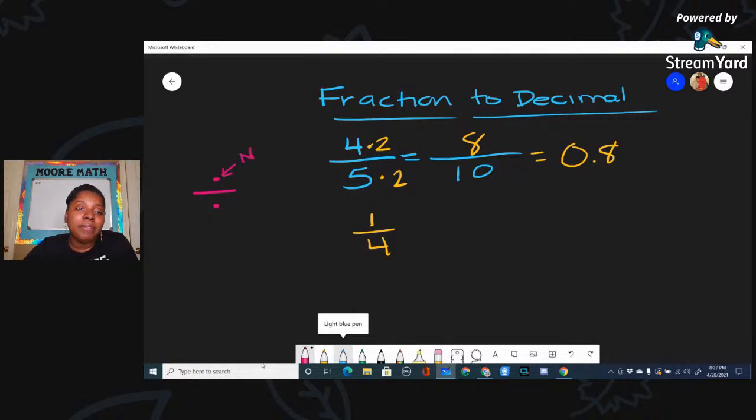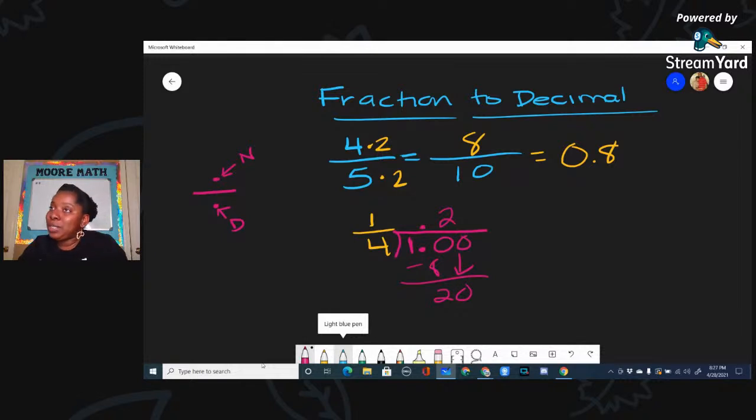The top is the numerator, the bottom is the denominator, and the fraction bar is division. So this really says 1 divided by 4. So we put that 1 in the house, and we make it look like money, like $1.00. Put that decimal on top, and 4 goes into 10 2 times. Bring down your 0, and 4 goes into 20 5 times. And there you have it.